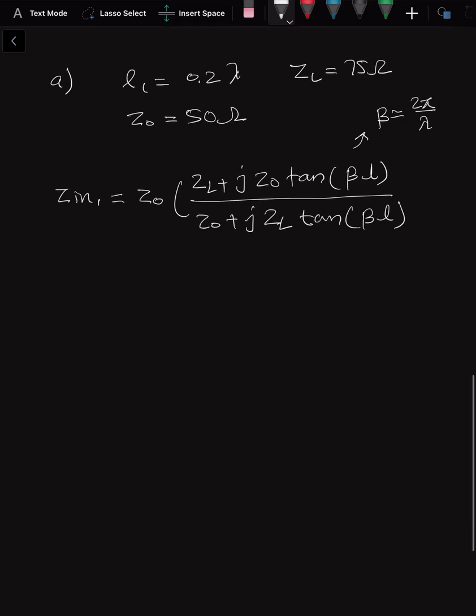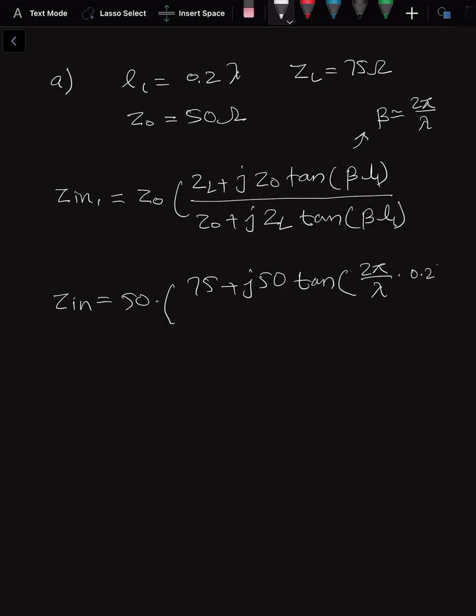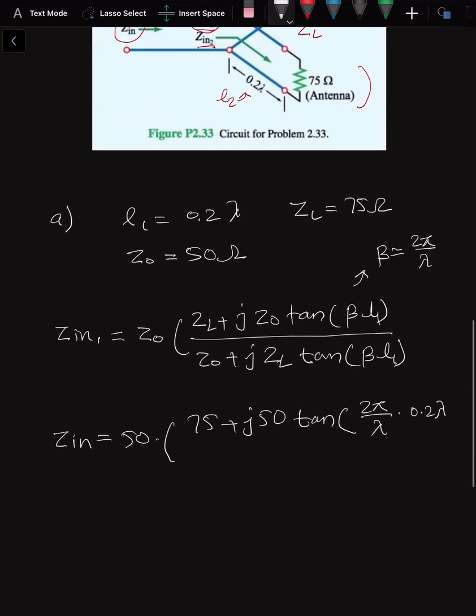Plugging in the given parameters, Zin equals 50 times (75 plus j50 tangent of 2 pi over lambda times L1), and L1 is given as 0.2 lambda.